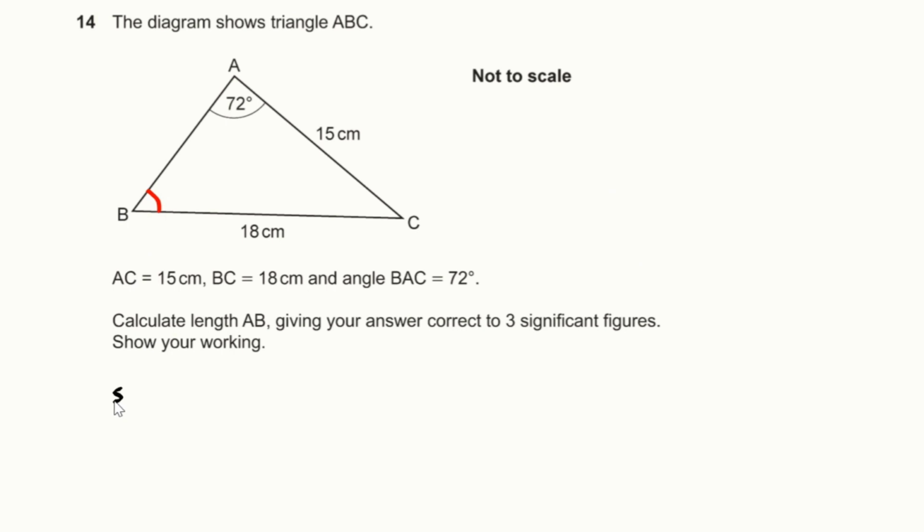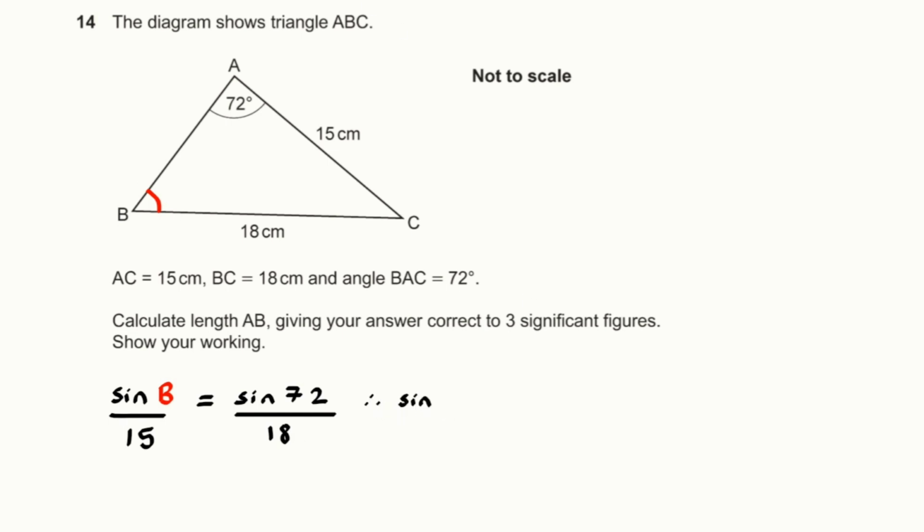So the sine of B over the length opposite it, 15, is equal to the sine of 72 divided by the length opposite it, 18, and from this we can find out what sine B is.